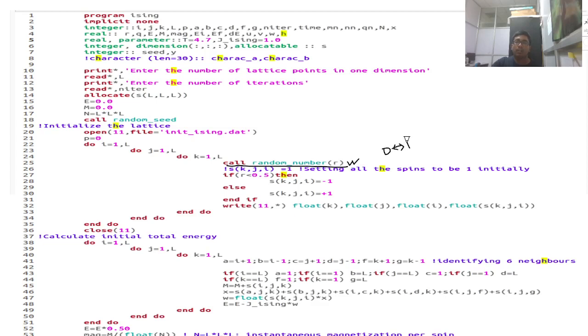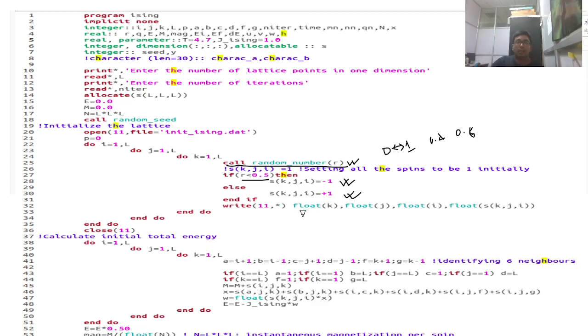There will be some float values that can be 0.4, 0.6, 0.8, and I am looking for the values to be -1 and +1. So as I did in a previous class, I am giving a condition that if r is less than 0.5, I take that to be -1, and if r is greater than or equal to 0.5, I give it to be +1. So I have just binarized those values, okay.